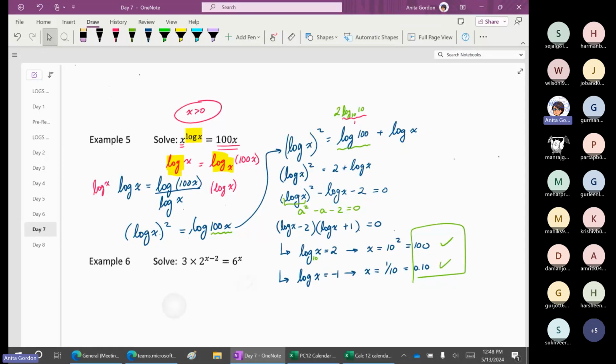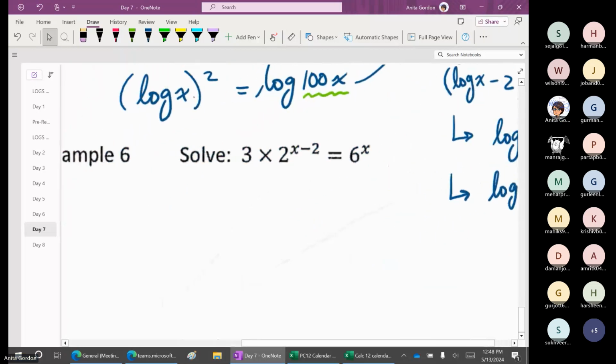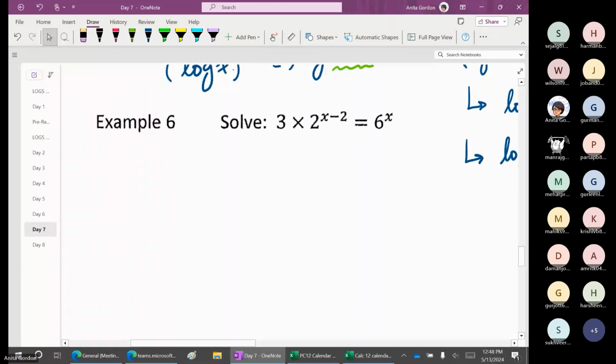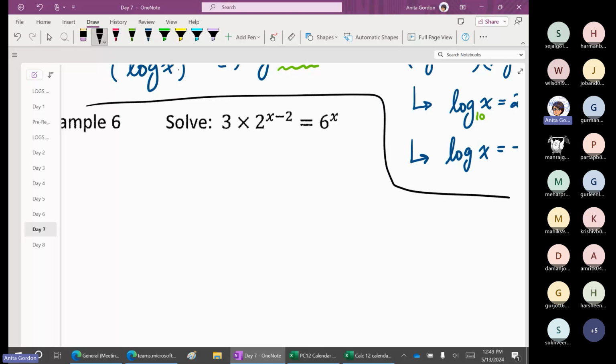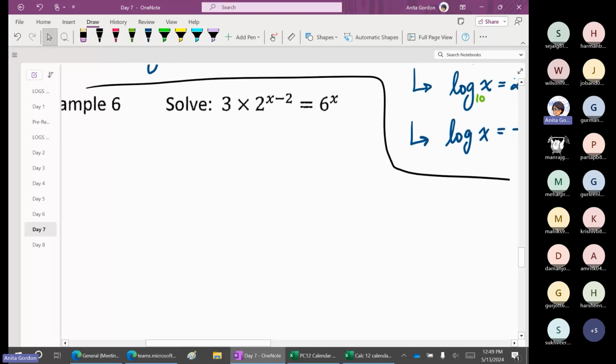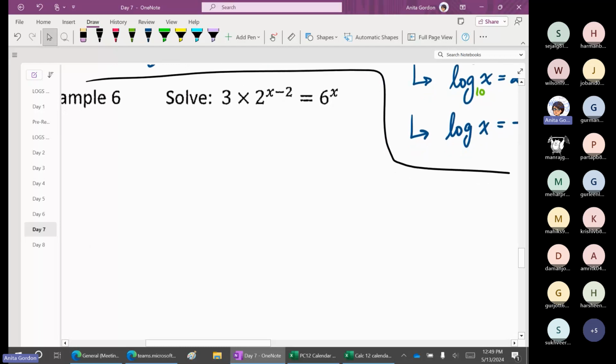Okay, let's do number 6. Here, I have exponentials on both sides. Because these rules are kind of flexible, there are many ways to approach this problem. I believe the easiest way is to take the log of both sides, but there are other ways that you could start this problem that would work just as well.